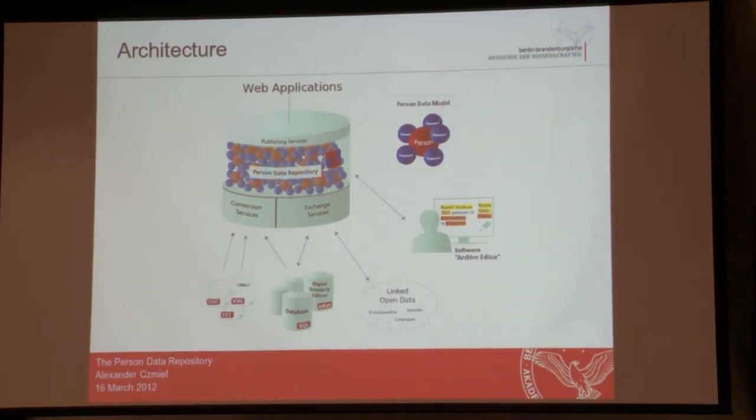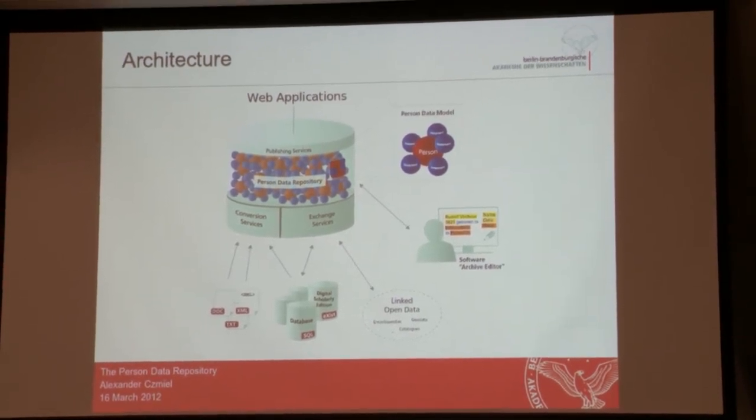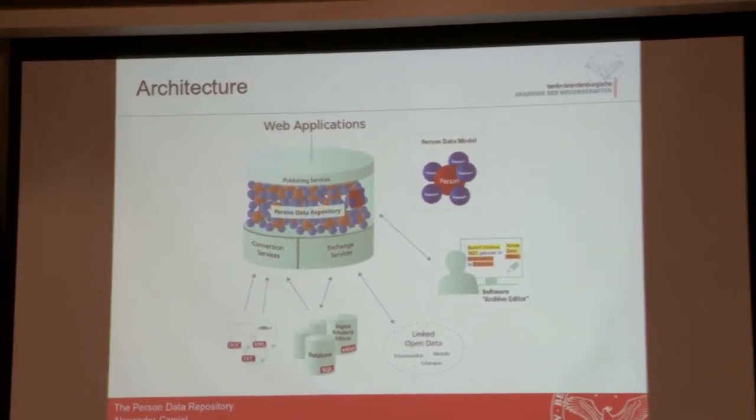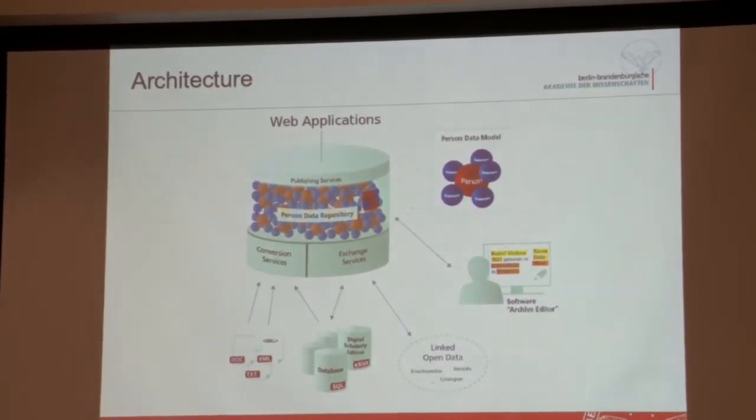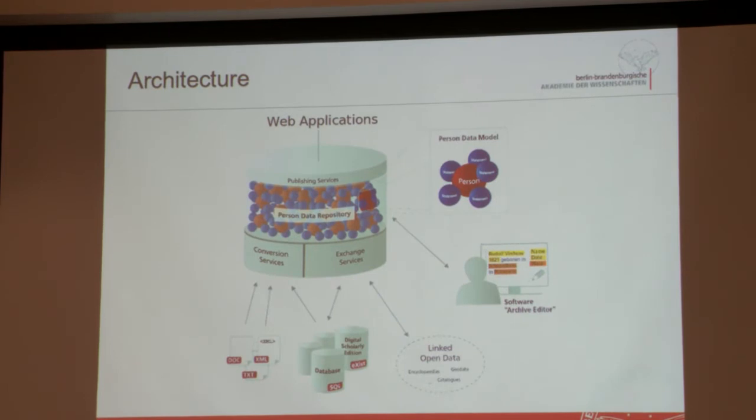So what are you doing with all this? Now the repository is coming. We put this all in a Fedora repository connected with a Lucene Solr-based search index. And we provide conversion services for different kinds of sources: scripts which convert all this heterogeneous data into the aspect model.